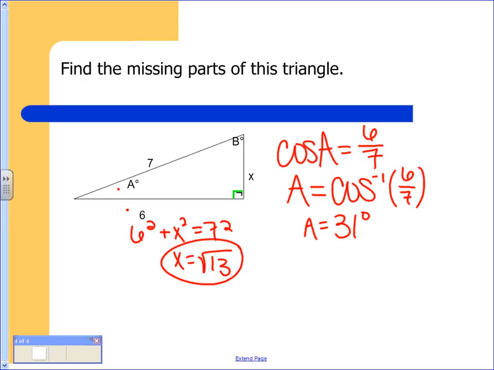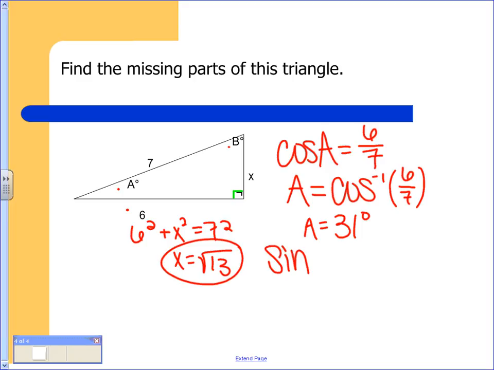Yeah, okay. Yeah, 180 minus 90 minus 31 would give you B, now that you know what A is. What could I set up to find B using trig? Not sin. What is that? Sine. What angle are you going to use? Why are we going to use B?